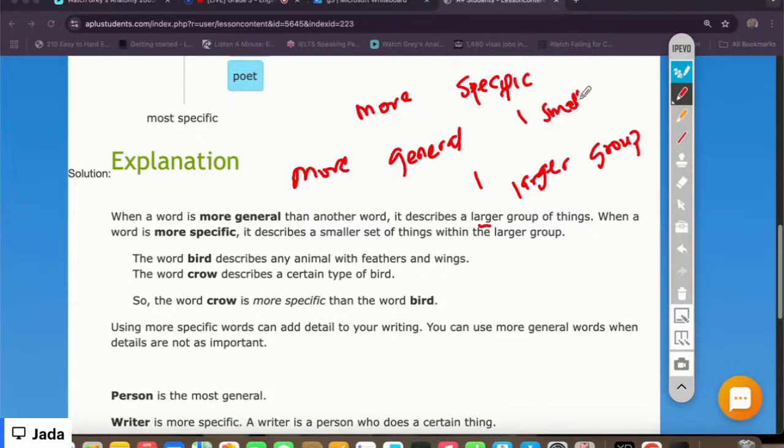Smaller sets. Okay, so that's what we need to take note of. It describes a smaller set of things within the larger group.